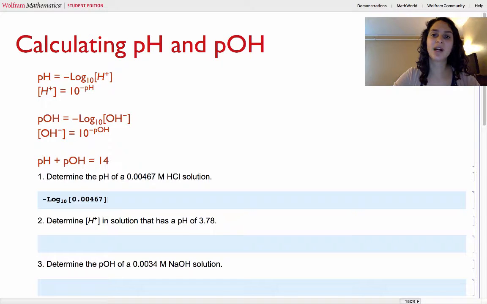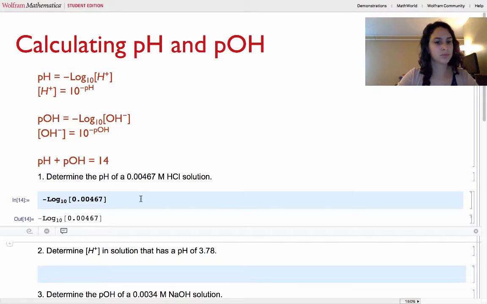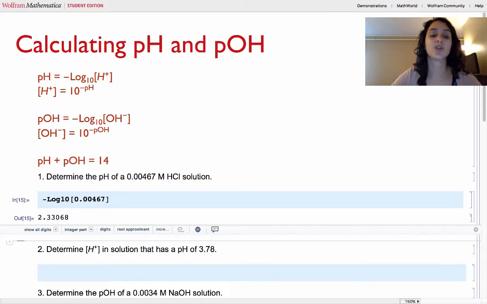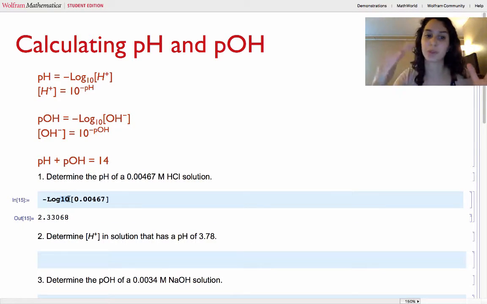So I have the negative log base 10 of my concentration. Shift Enter. With Mathematica, I don't want this 10 here to be a subscript. We just want to write it. And here I have my pH value.